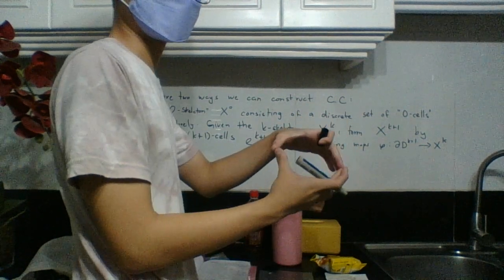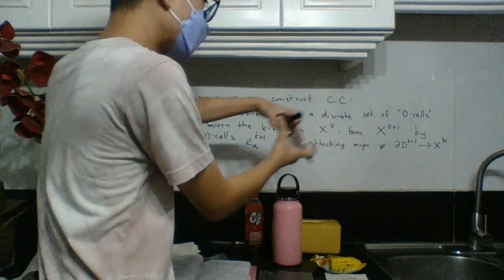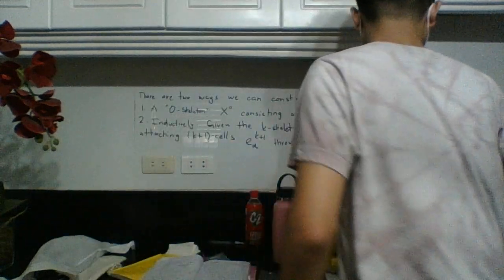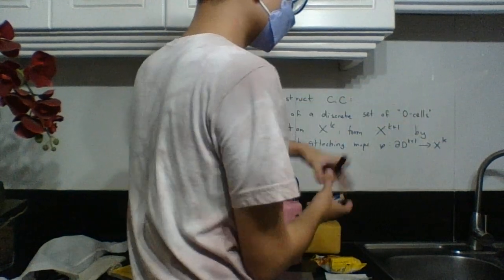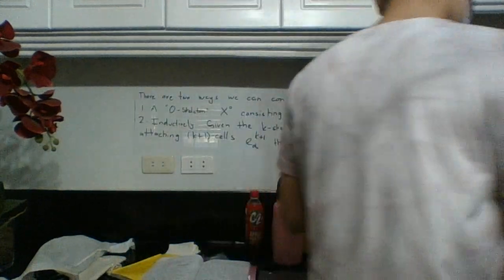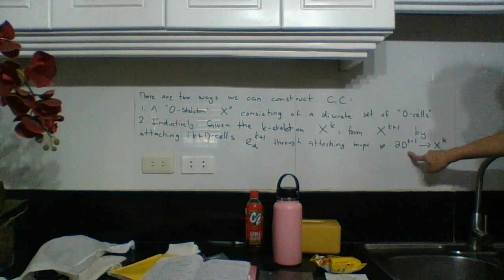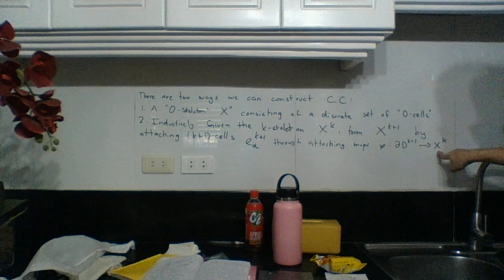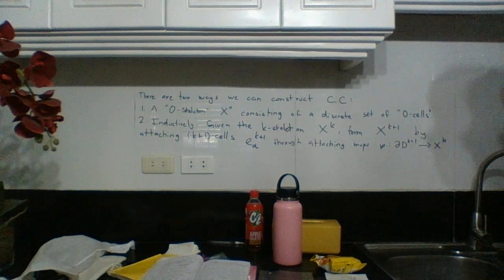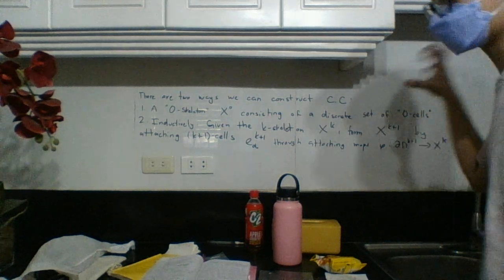So we take the boundary of a disk, basically just a circle, and then we embed it into Xk. Or actually, we sort of retract it onto k. Because the boundary of this disk is a dimension higher than the k-skeleton, what we're essentially doing is retracting it onto here.